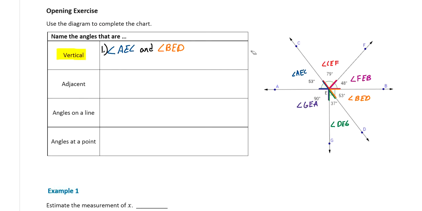I also notice that CEB and DEA. CEB is actually a combination of CEF and FEB.